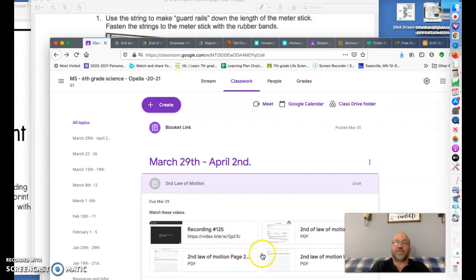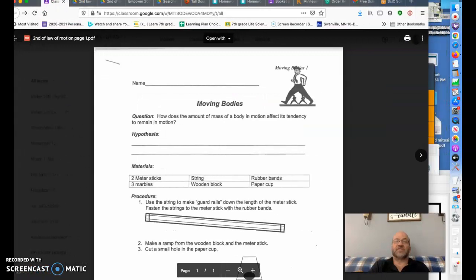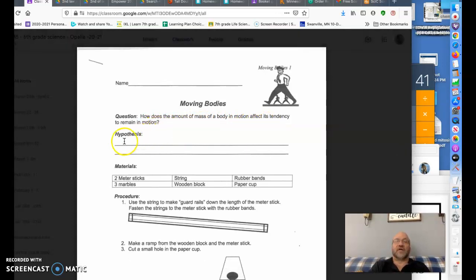Okay, so we've got three lab sheets here. And these lab sheets, I'm going to open each one up and explain what you need to do. Here, first it says, how much does the amount of mass of an object in motion affect its tendency to remain in motion? You could do this actually later. So you can try to answer that.